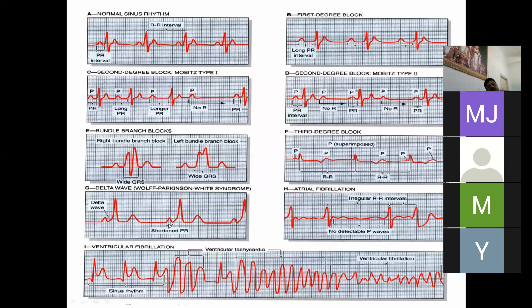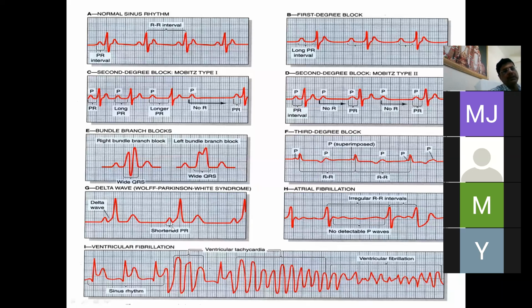Normal PR interval is 0.12 to 0.20 seconds. It is measured from the beginning of the P wave to the beginning of the QRS complex. If the PR interval is less than 0.12 seconds, we call it a shortened PR interval. So this is the WPW syndrome.